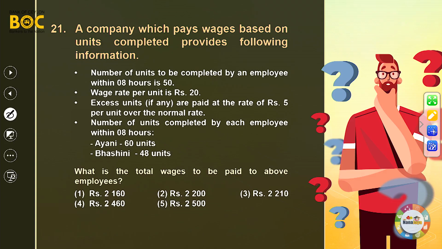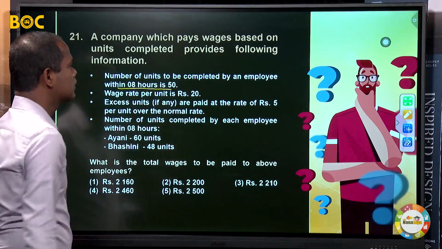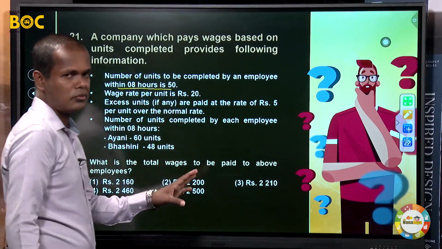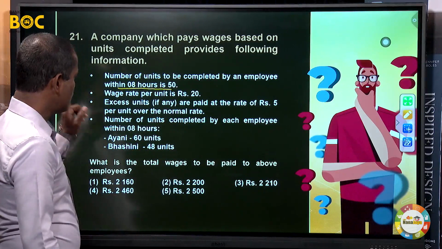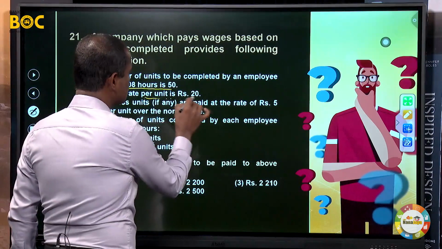A company which pays wages based on the units completed provides the following information. The number of units to be completed by an employee within 8 hours of work is the standard production: within 8 hours you have to manufacture 50 units. Wage rate per unit is 20.